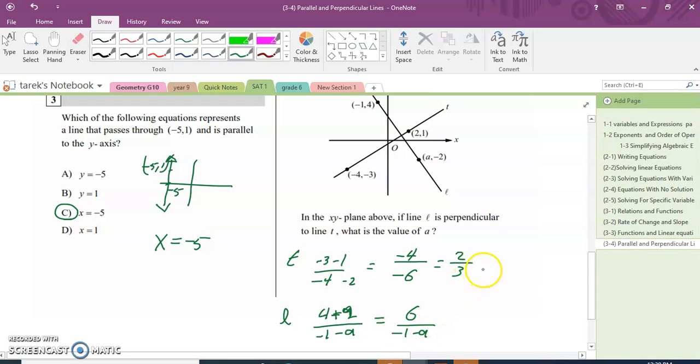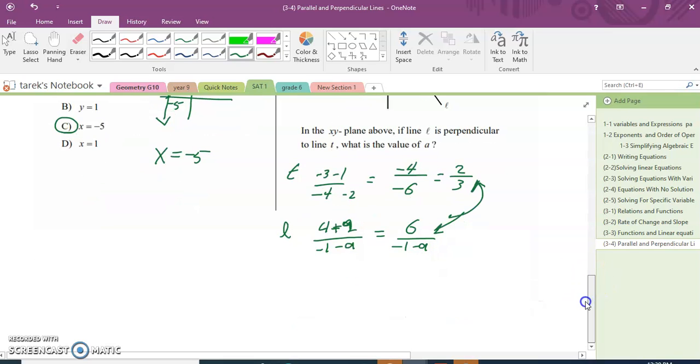These two slopes are not equal. Because they are perpendicular, one of them is the negative reciprocal of the other. So I can say that 6 over negative 1 minus a is equal to, instead of 2 over 3, negative 3 over 2, because they are perpendicular.